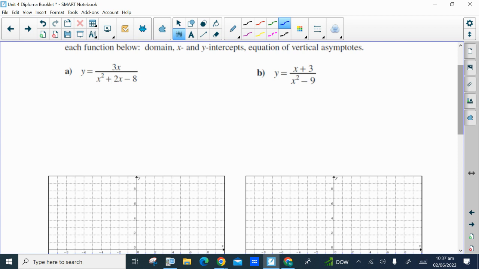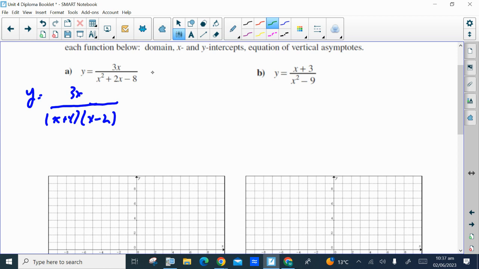But we can factor the bottom, and why we would want to do that is because that tells us where our vertical asymptotes are. If you factor that, it'll be x plus 4, x minus 2, which means that you'll have non-permissible values of negative 4 and positive 2.